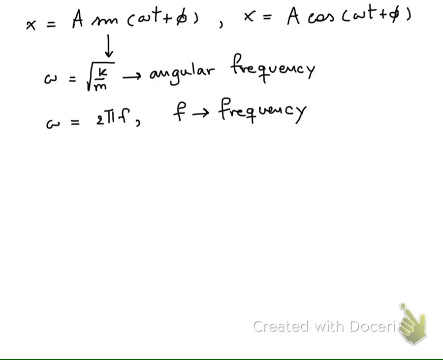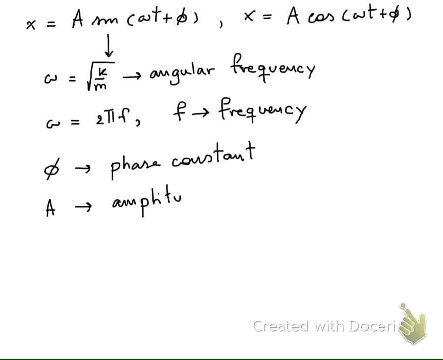We call phi the phase constant, and A is the amplitude of the oscillation.